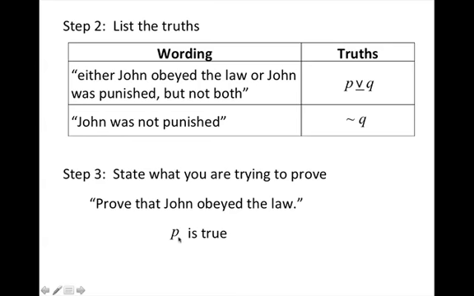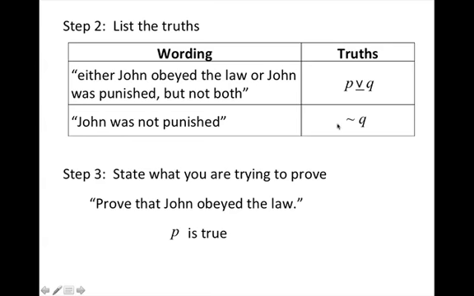So I'm wanting to prove P is true. I want P to be true. So with the exclusive or, that means that Q needs to be false. Well, we discussed earlier, if not Q is true, then Q is false. So I'm going to reverse this logic, and that's going to be my proof.